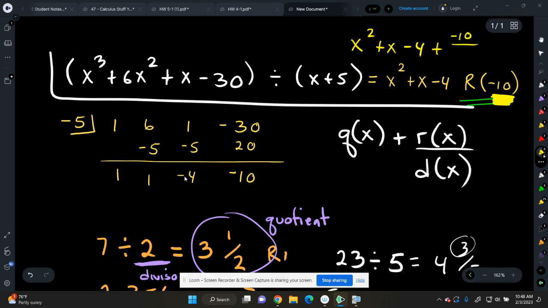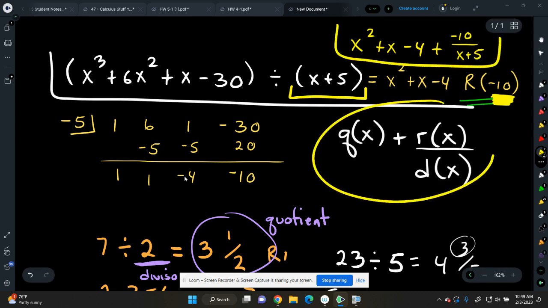What's my divisor? What am I dividing by? That's my divisor. So it's going to be over x plus 5. That's my answer put in this form.